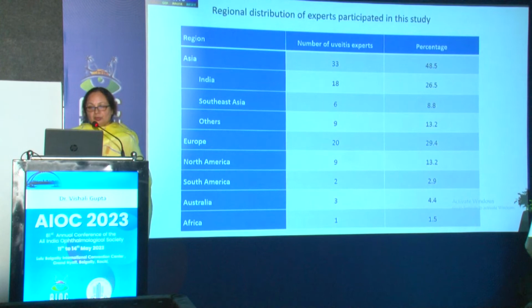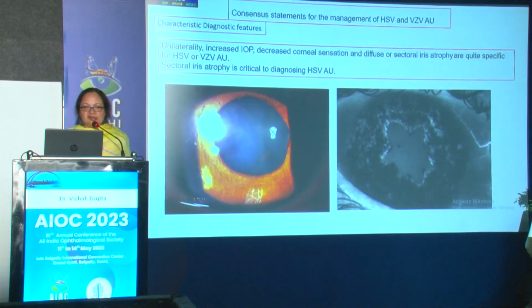Let's see what the consensus was like. To begin with, let's see how the experts were distributed. The majority were from Asia, including India and Southeast Asia, but it had a fairly global representation. Now, let's talk business. Consensus statement for the management of HSV and VZV: experts agreed on the diagnostic features as defined by Sun, namely unilaterality and increased IOP.